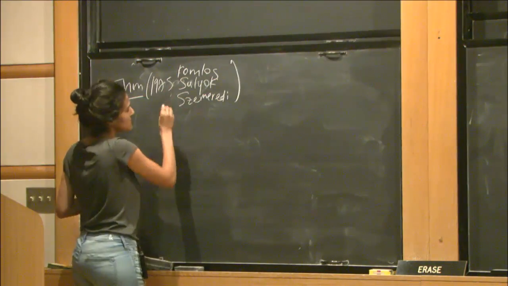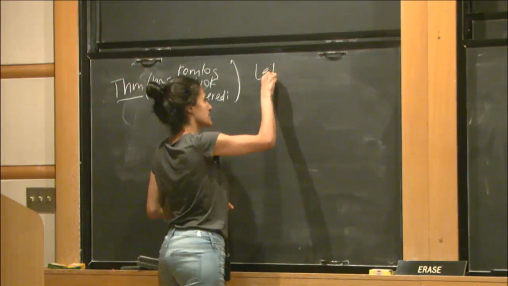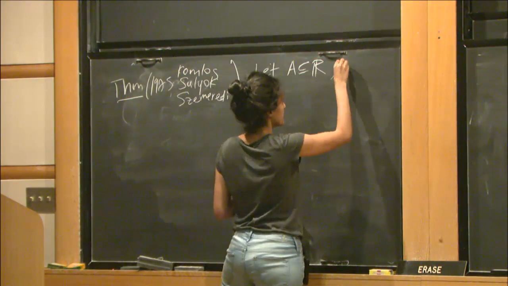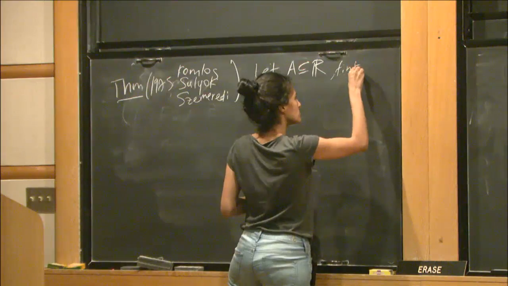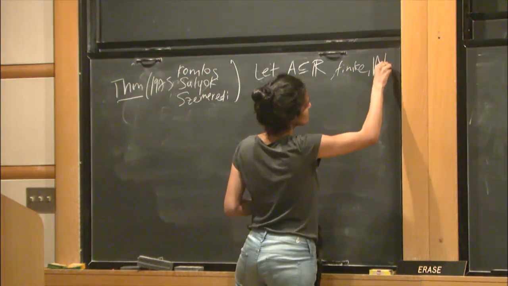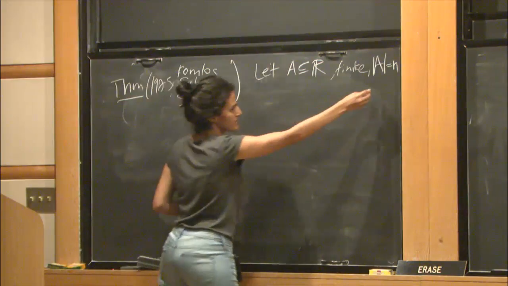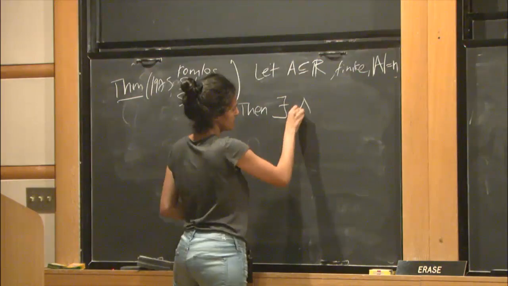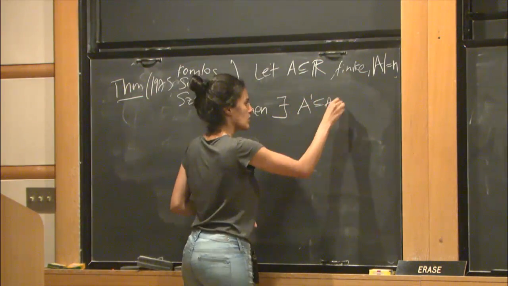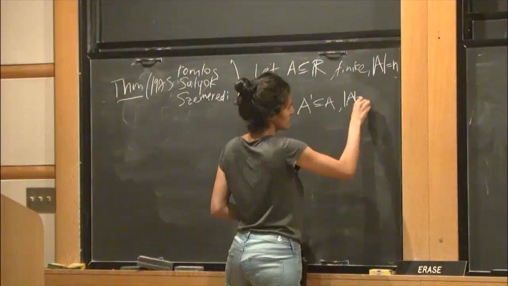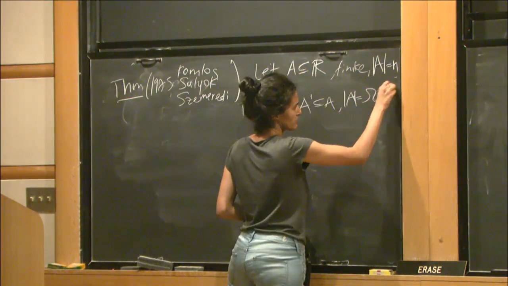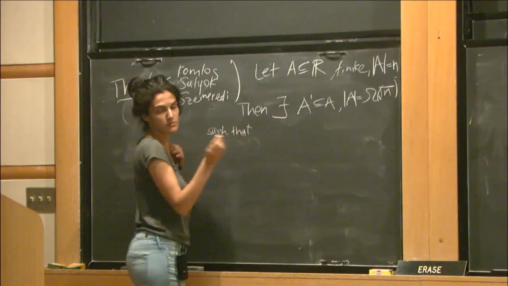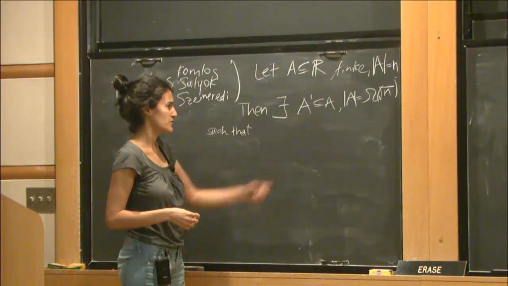And what the theorem says is that if we have a set A of n real numbers, so it is finite, then there must exist a subset A prime of size at least square root of n, such that all the differences between pairs of numbers in A prime are distinct.